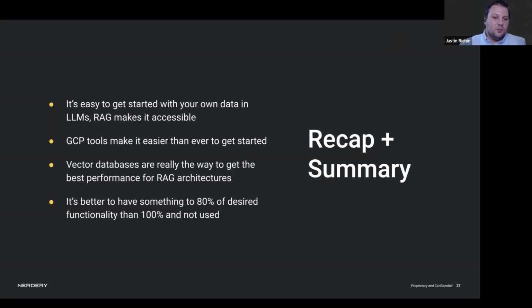Vector databases are the way to get the best performance from a RAG perspective. We showed a relational data store, a RAG light or RAGless architecture. I really don't recommend that outside of a POC and getting some of that adoption. And lastly, it's better to have something that's 80% of the desired functionality than 100% and it's not used.